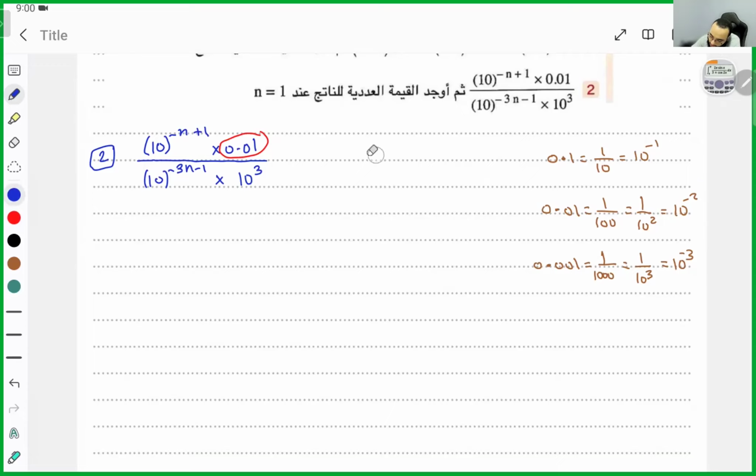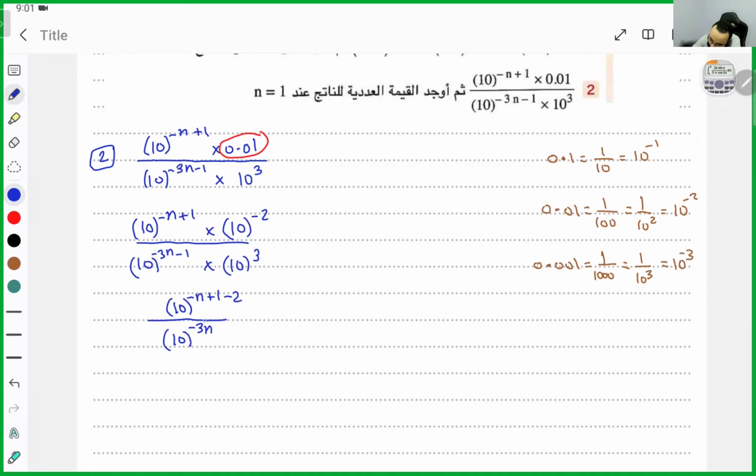Then it's 10 power of negative n plus 1 times 10 power of negative 2 over 10 power of negative 3n minus 1 times 10 power of 3. Up, add the powers. It's only one 10 up and also only one 10 down. Add the powers up and add the powers down. It's negative n plus 1 and then minus 2. And down, what's the power?